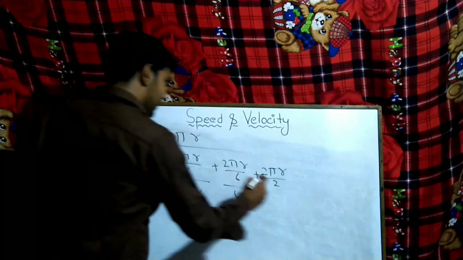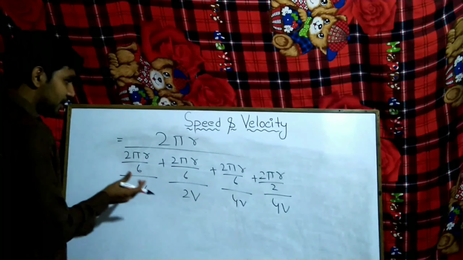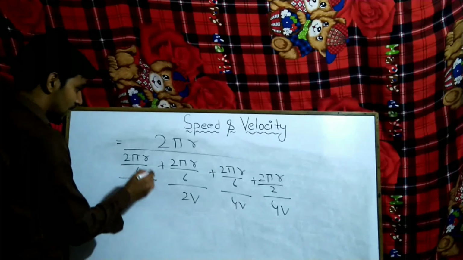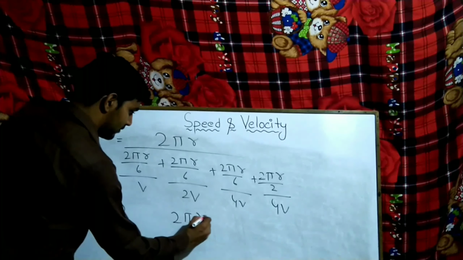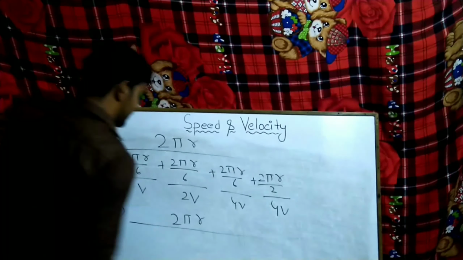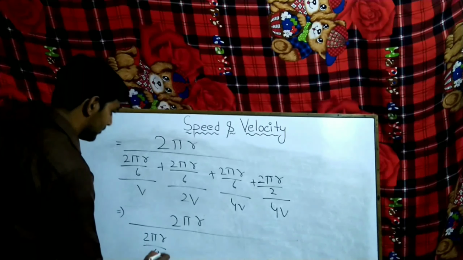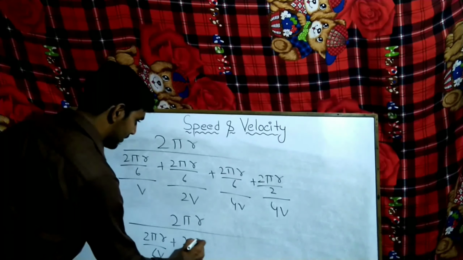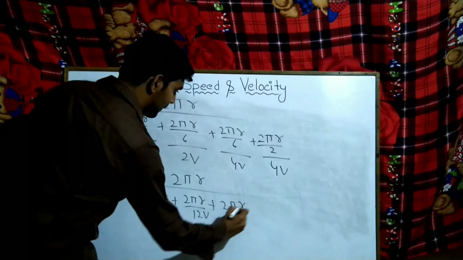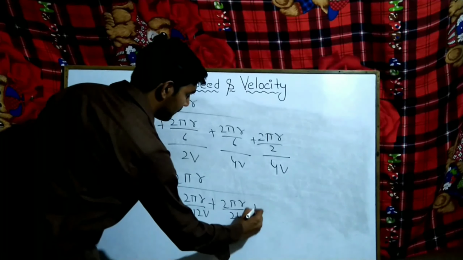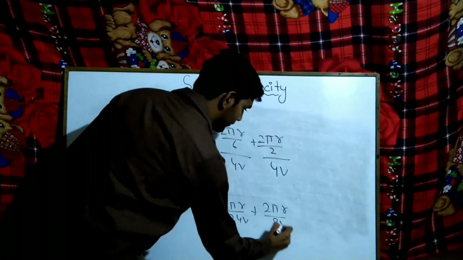Now I will make this v up. So what is the step? It will come 2 pi r by 6v plus 2 pi r by 12v plus 2 pi r by 24v plus 2 pi r by 8v.